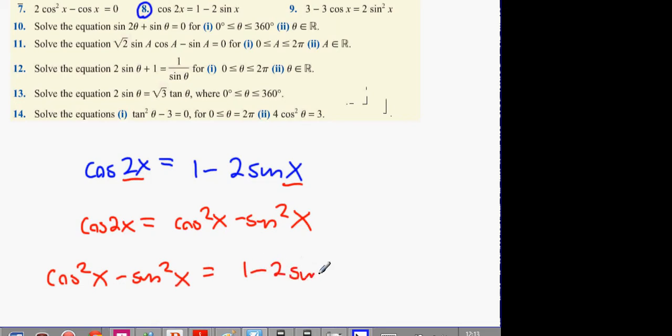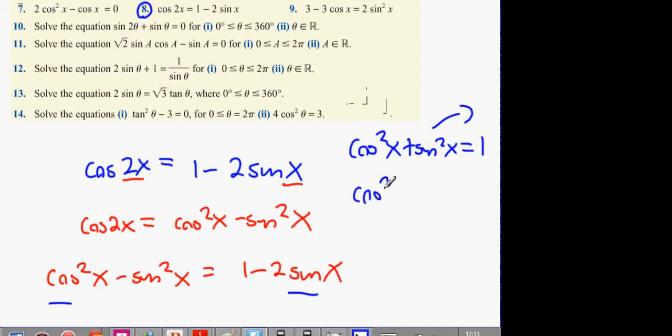Now the problem here is, in all of these equations, I'm looking to only have one trigonometric function, sine, cos or tan on its own. I currently have cos and sine, means I need to get rid of one of them. I'm going to look at cos squared x and I'm going to read this formula here. Cos squared x plus sine squared x equals 1.